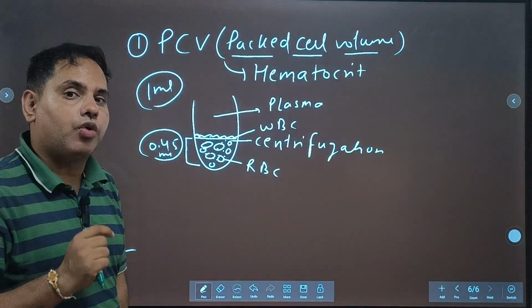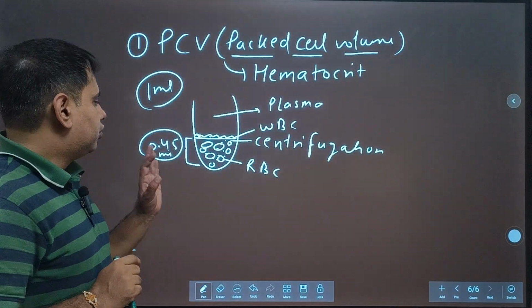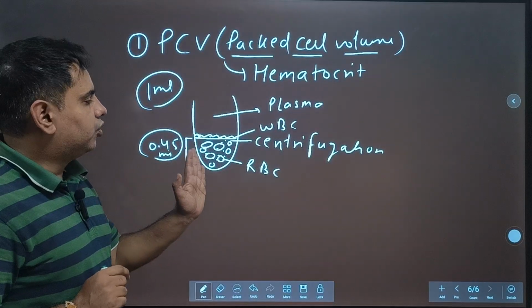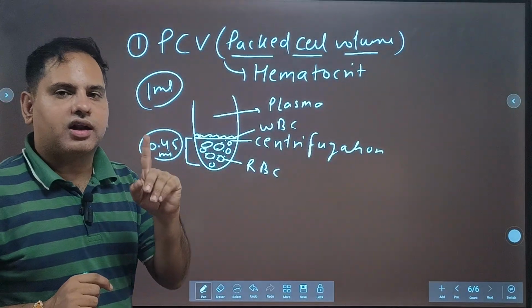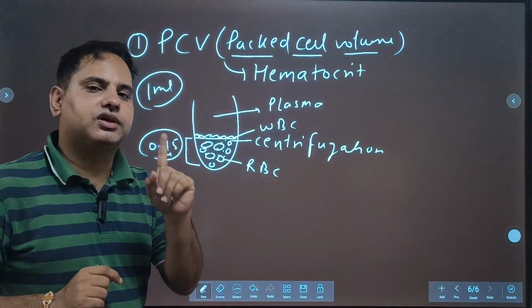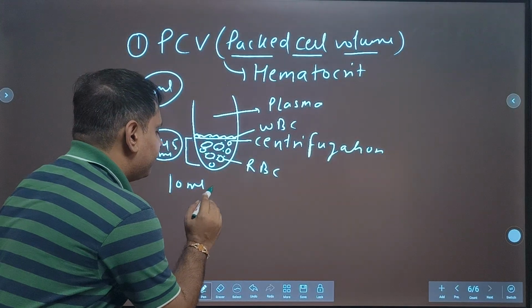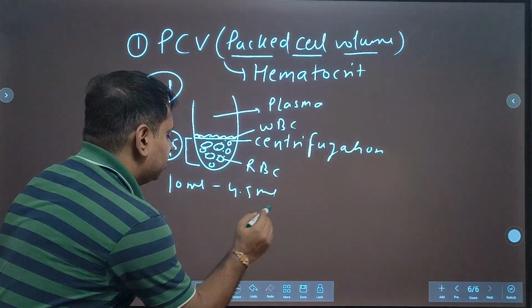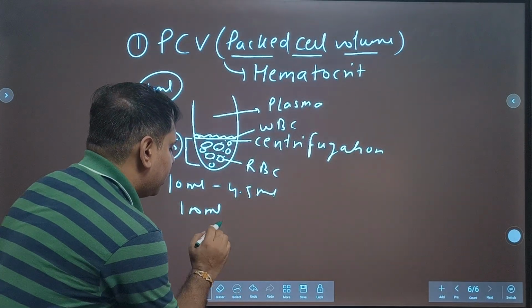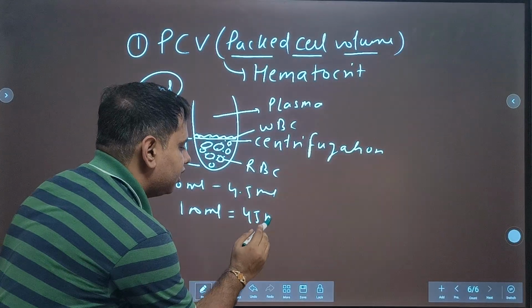This is the packed cell volume, right? So 0.45 ml is your packed cell volume if you are doing the centrifugation of 1 ml blood. If you are taking 10 ml, then it will become 4.5 ml. If you are taking 100 ml blood, then it will become 45 ml.